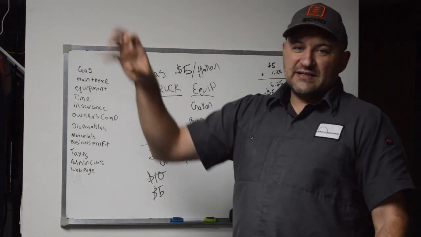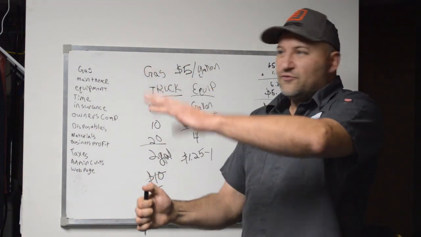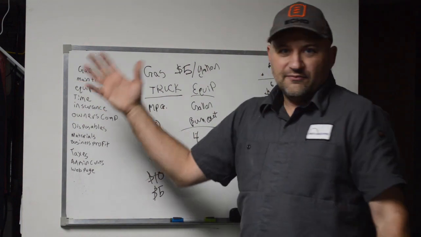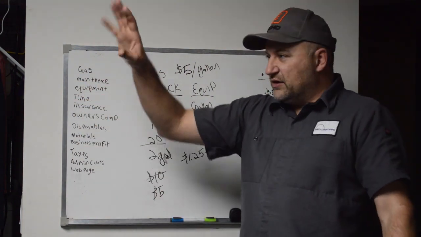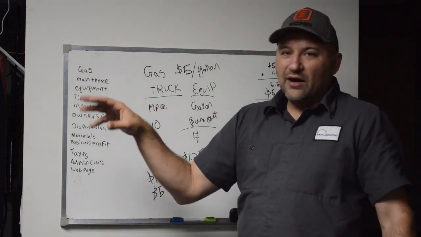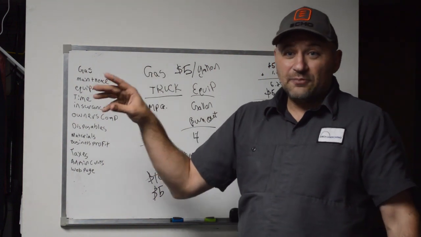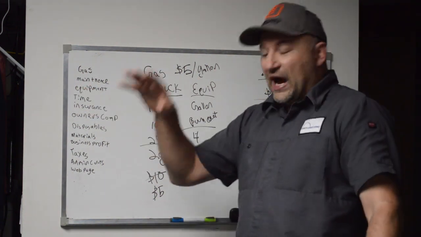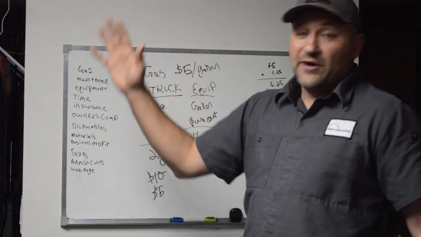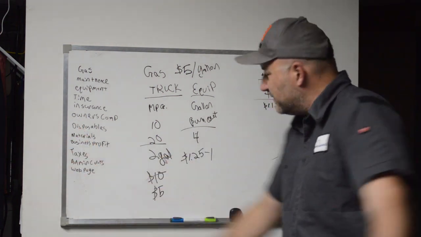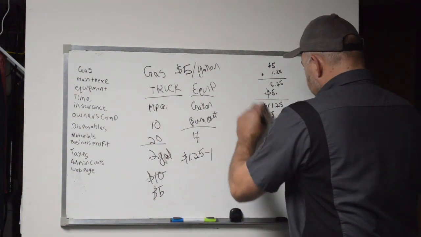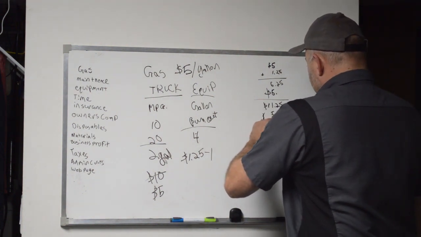So if you have $10,000 for a mower, divide that by 5, as that's how long you plan on that piece of equipment lasting, and that'll give you how much that piece of equipment would cost you for the year. Then you can divide that by 12 or whatever, and then divide that by the number of properties, and that'll tell you, on average, how much you should be charging that customer for that piece of equipment. We're going to throw a number out there, because I love throwing numbers out there, of $5 a property. So now we're up to $16.25 that we need to charge the customer.